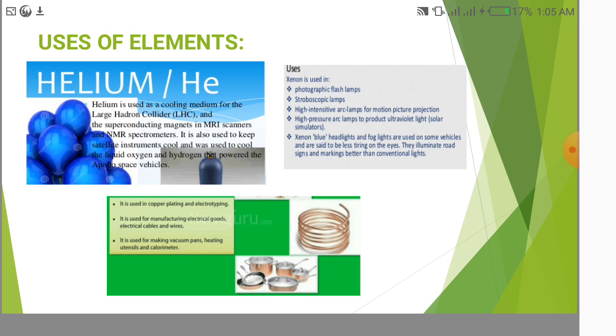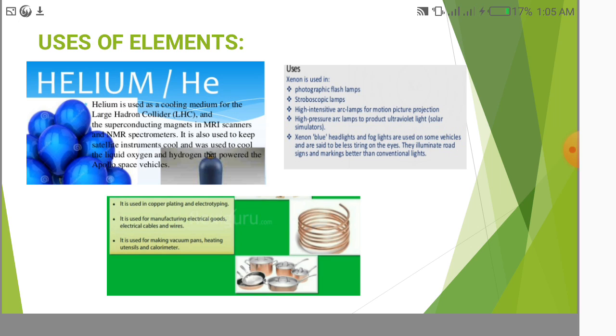Helium is used as a cooling medium for the Large Hadron Collider and the superconducting magnet in MRI scanners and an NMR spectrophotometer. It is also used to keep satellite instruments cool and was used to cool the liquid oxygen and hydrogen that power the appliances.